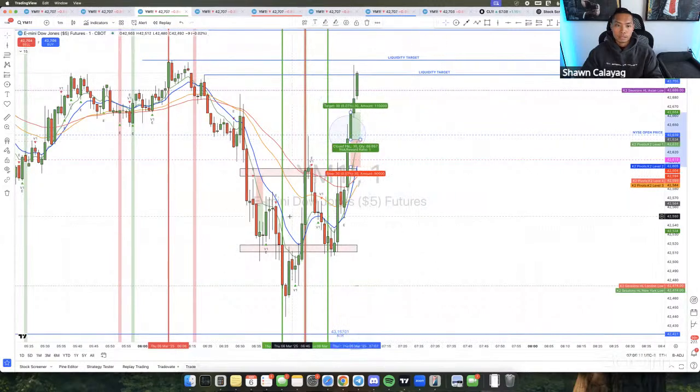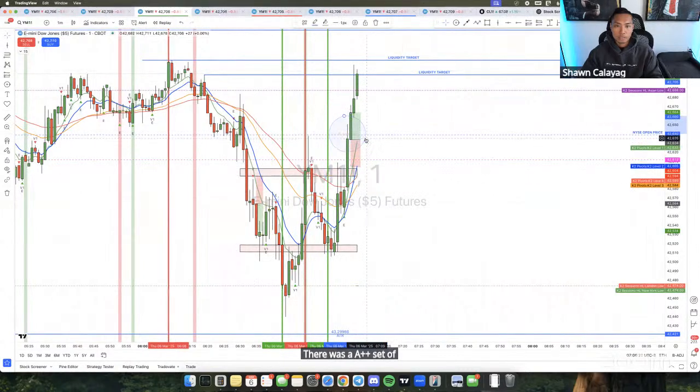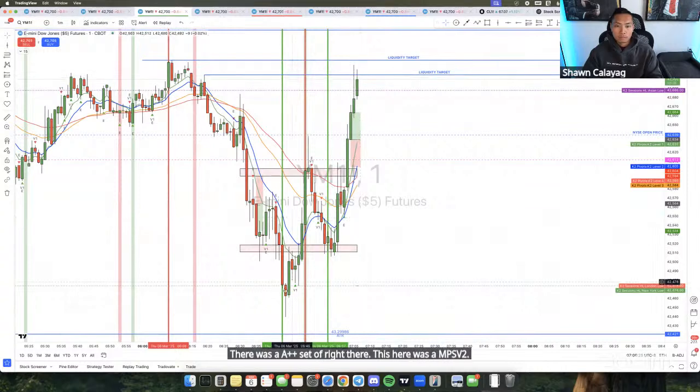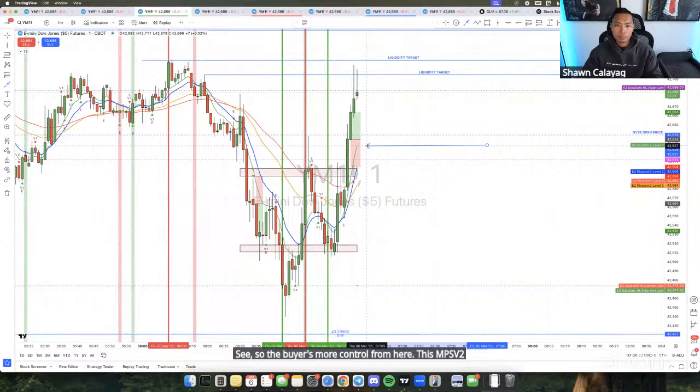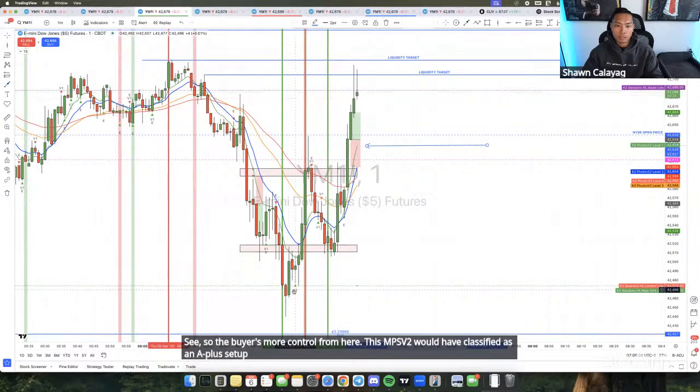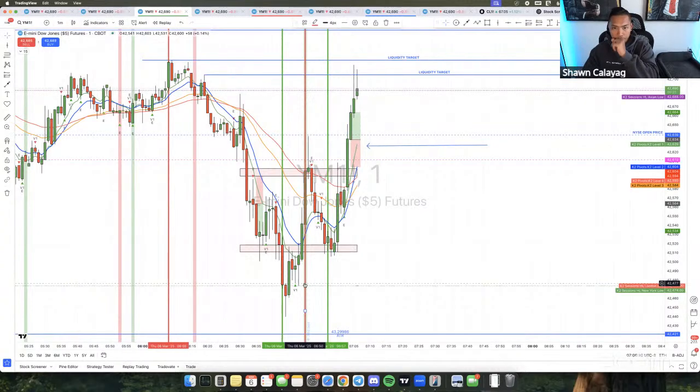There was an A++ setup right there. This here was an MPSV2. Let's see, so the buyers were in control from here. This MPSV2 would have classified as an A+ setup. So we had a V1 variation right here. I'll just clean this up.